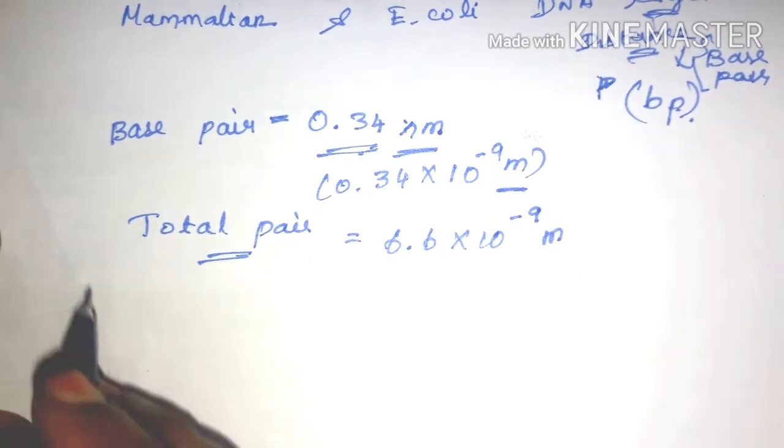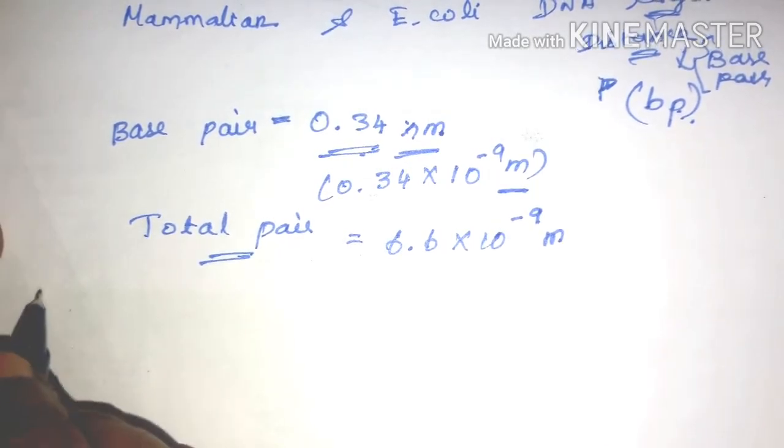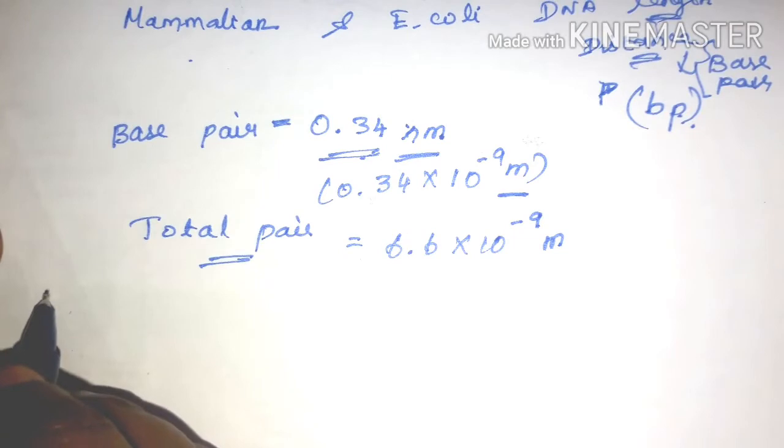So now we can calculate the length of the DNA of the mammalian cell.